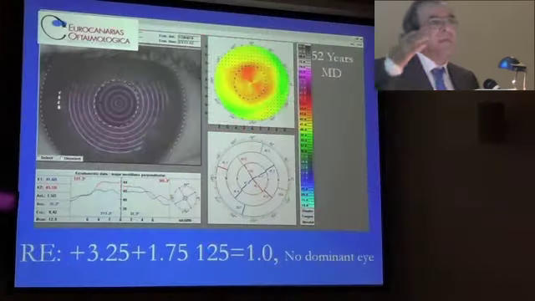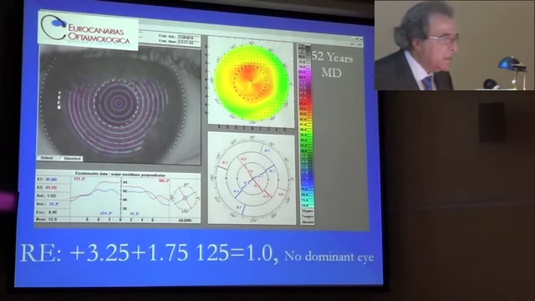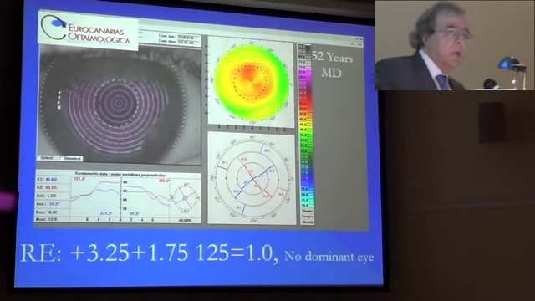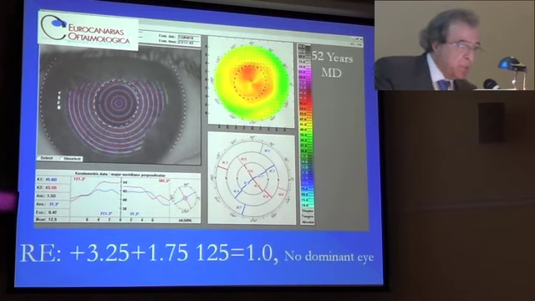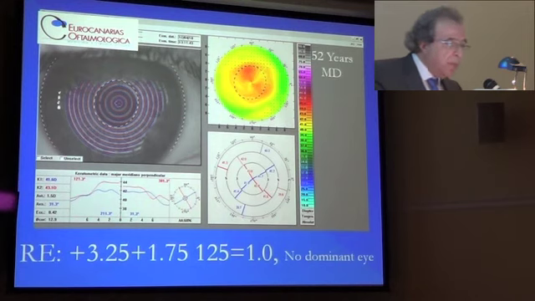This is my limit. First case, a medical doctor, 52 years old. The right eye, refraction plus 3.25 hyperopia, plus 1.35 astigmatism, non-dominant eye.